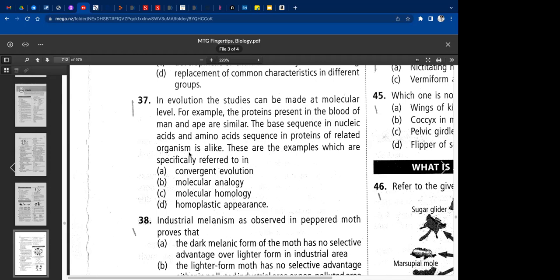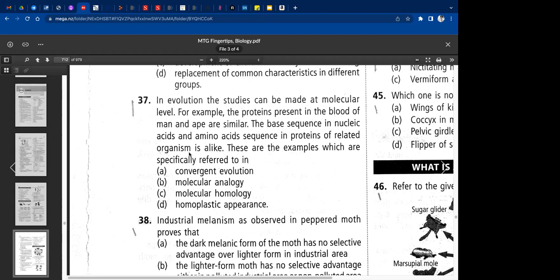Correct, Hiba. I think Rifat has also sent. Yes, correct. So all of you have given the correct answer, and that's very good. So the correct answer is option C, molecular homology.